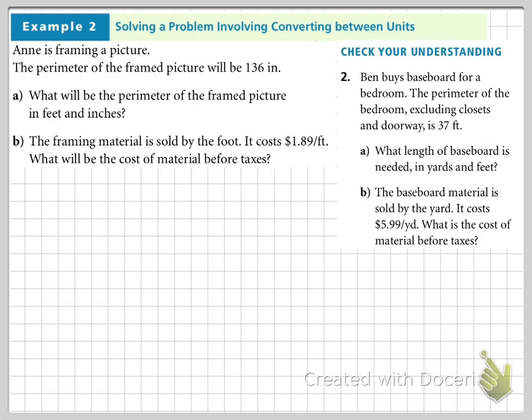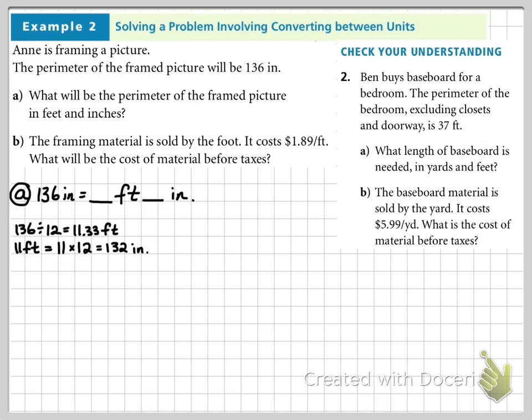So for part A, we're going to have to take our 136 inches and convert that into feet and inches. Well, if I divided 136 by 12, that'll tell me how many whole feet I've got, and that's 11.33 feet. Well, 11 times 12 is going to give me 132 inches.